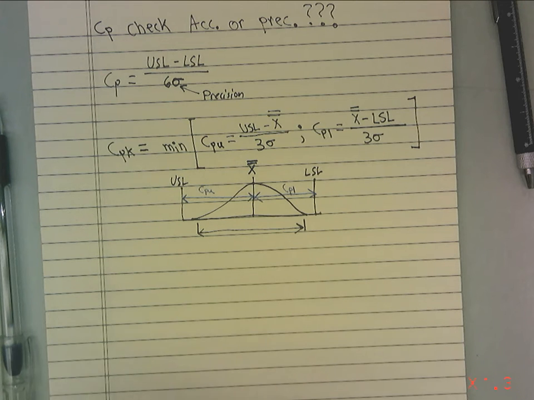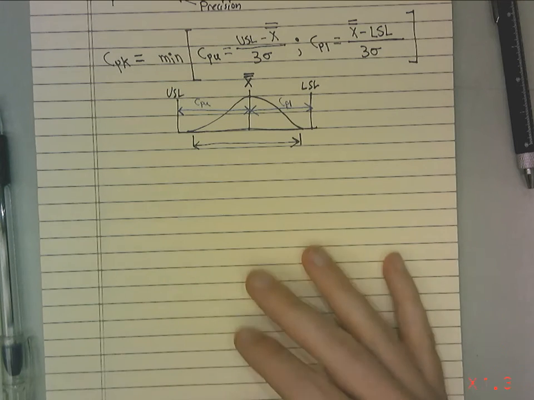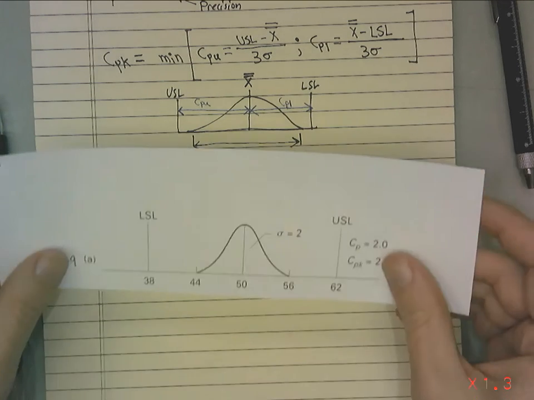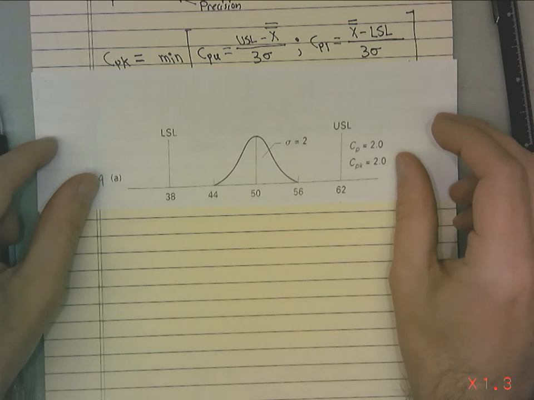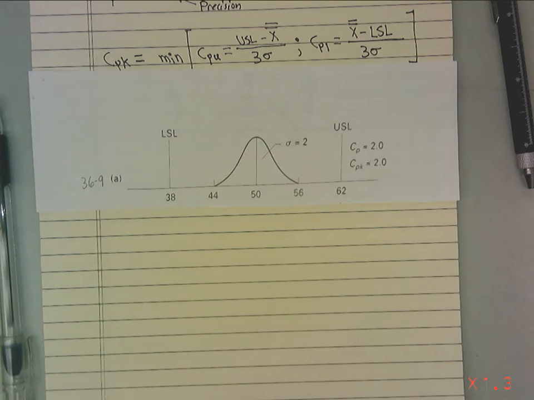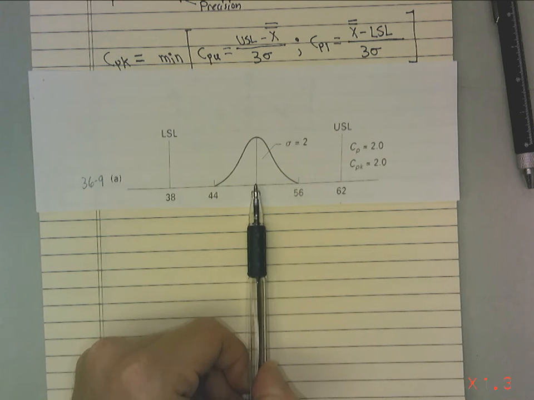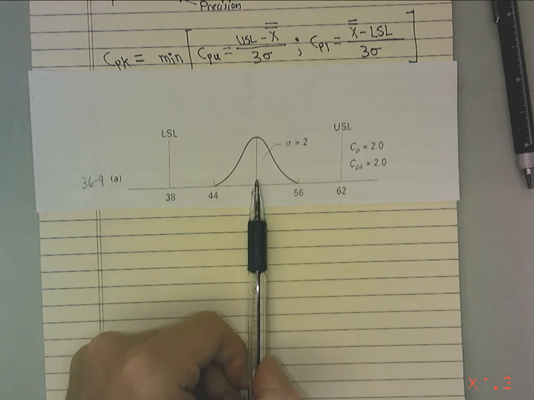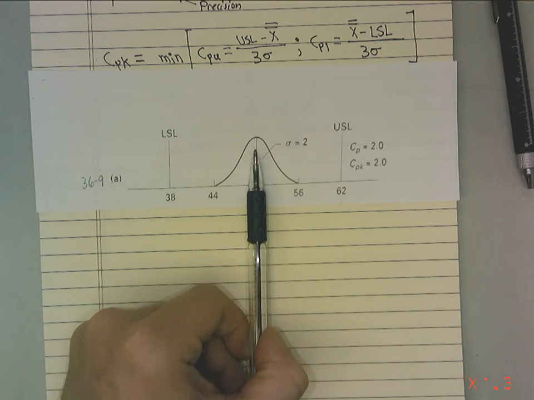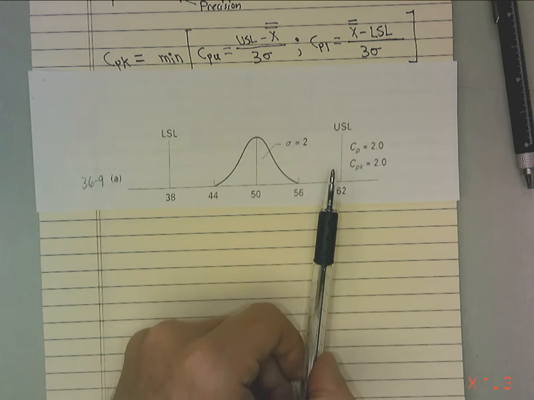Why are we doing this? What we're going to do is consider a case where this is on center. That means our process capability, our X double bar, is right here with our target. We are in the center of our LSL and our USL.